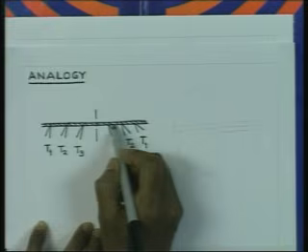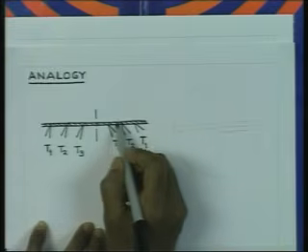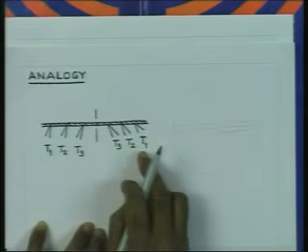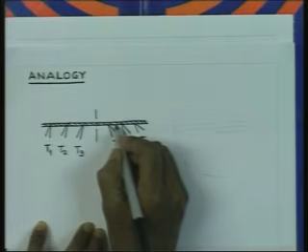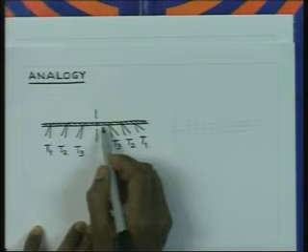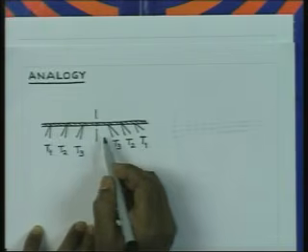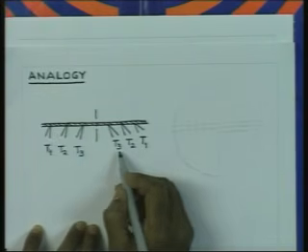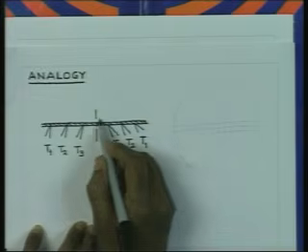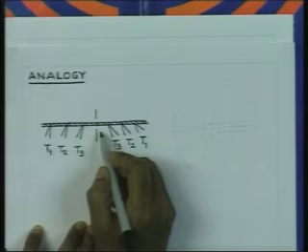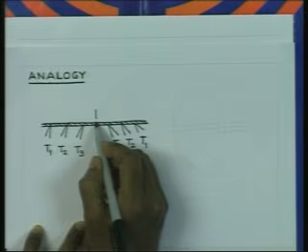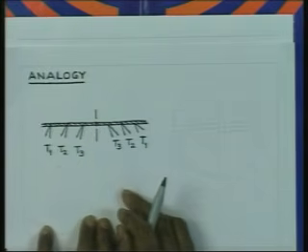If you come to this portion, the tension over this portion is going to be the sum of T1 and T2. So, therefore, the stress will increase in value over the cross section here, and as you come to the innermost, the tension is going to be the sum of T1, T2 plus T3. So, therefore, the highest tension is going to occur at the innermost region. So, therefore, you find that the tension is highest at the center.